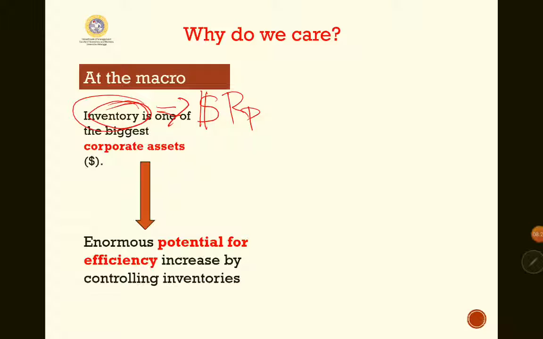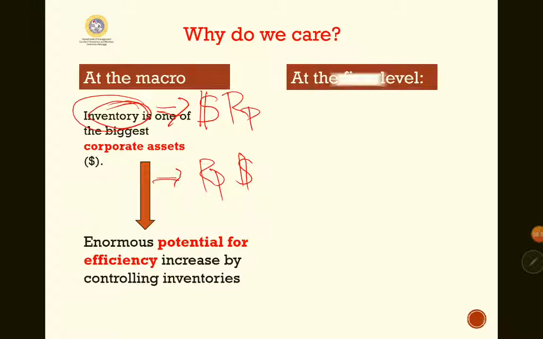So why do we care? Because if we really handle this well, we have so much potential to make our company as efficient as possible by controlling our inventory. We need to transform our inventory into cash.